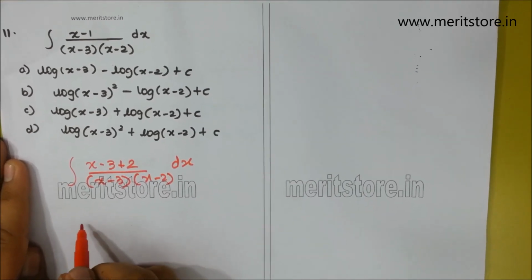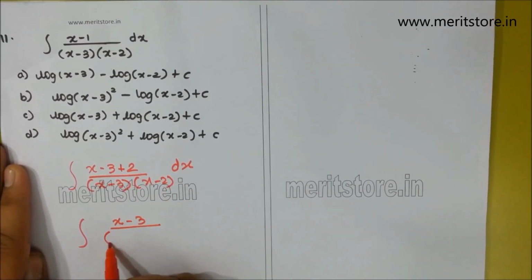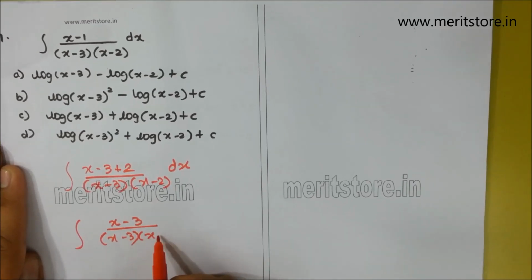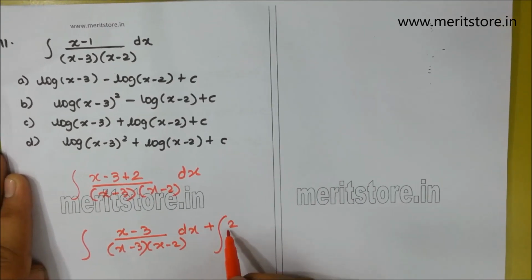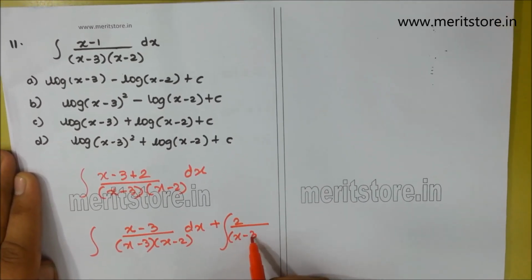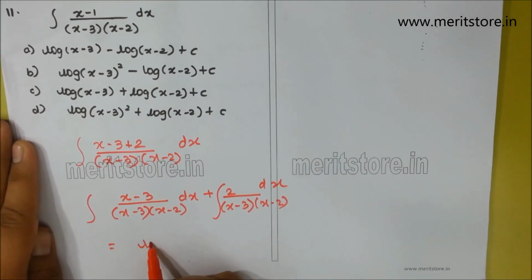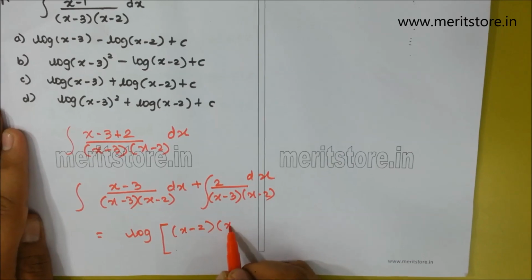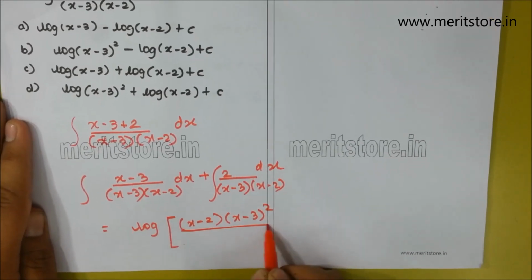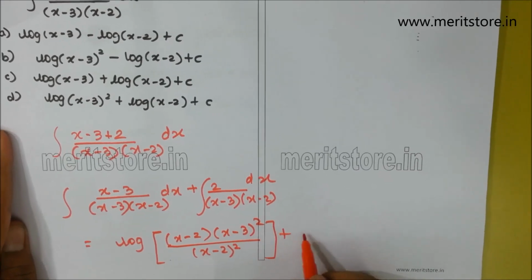The numerator can be subdivided as x minus 3 upon x minus 3 x minus 2 dx plus 2 integration of 1 upon x minus 3 x minus 2 dx, which comes up to log of x minus 2 x minus 3 square upon x minus 2 square plus c.